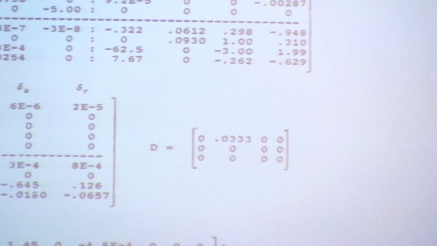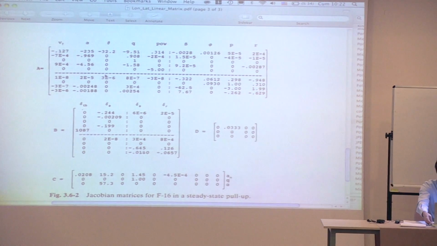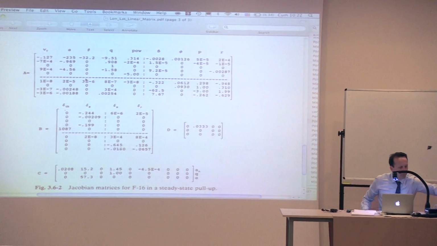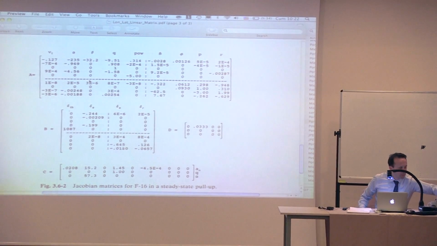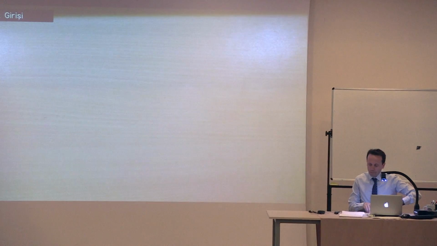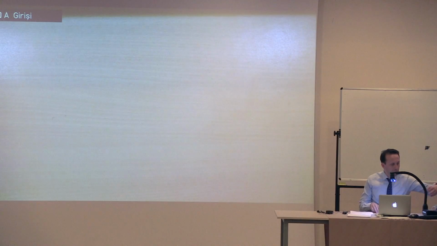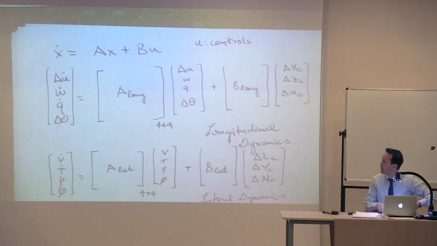Okay. So what we want to do today is, well, I hope this will work now. What we want to do is take an example of a real airplane. Sorry, okay, it was this one.